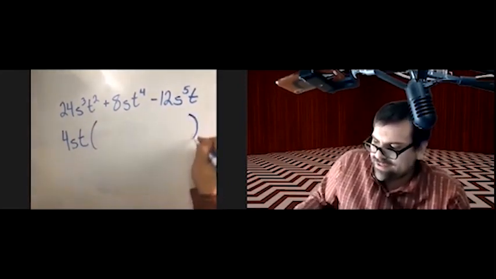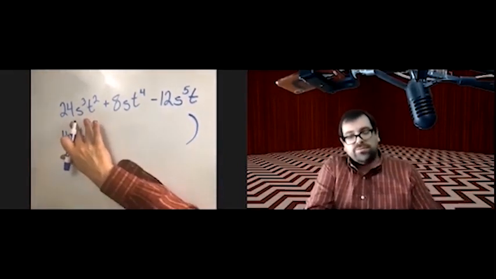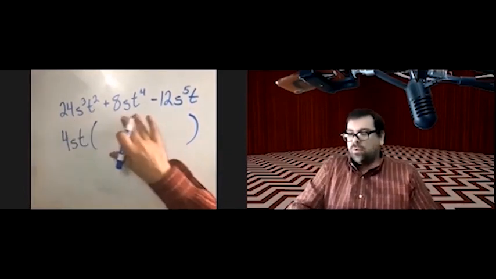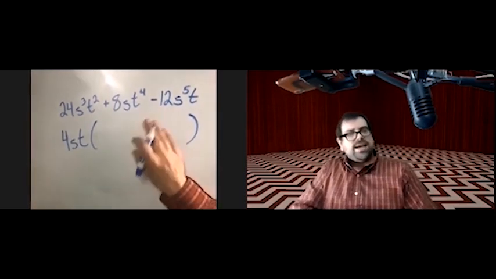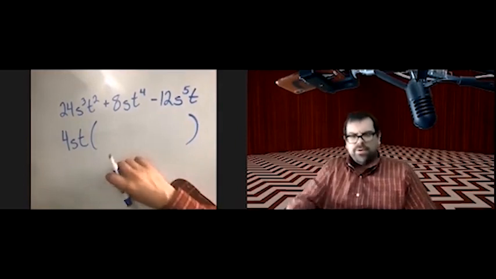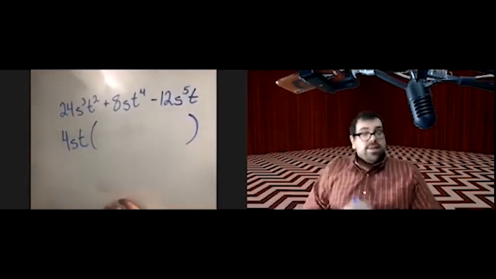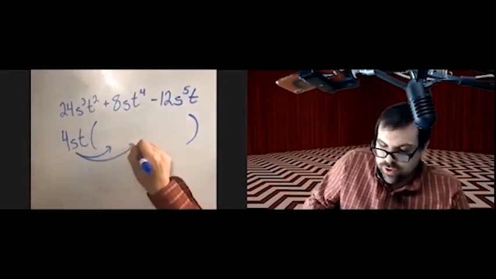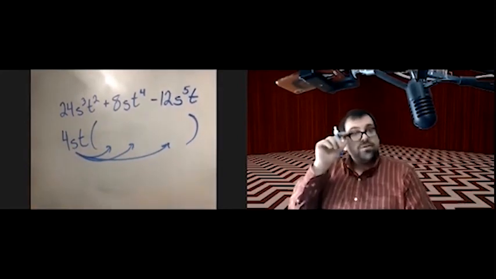So 4st would be the greatest common factor of 24s cubed t squared, 8st to the fourth, and negative 12s to the fifth t. 1, 2, 3 pieces in the original, so 1, 2, 3 pieces in the leftover.